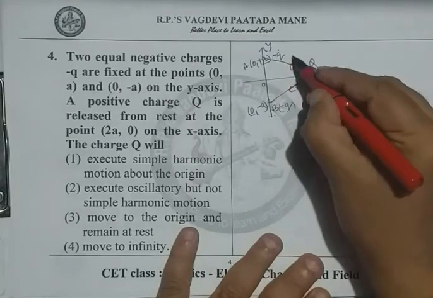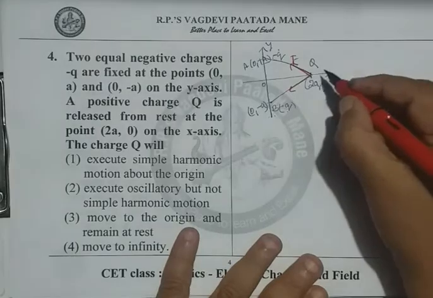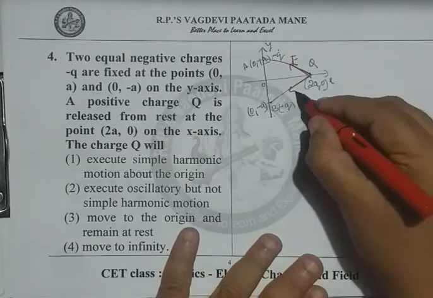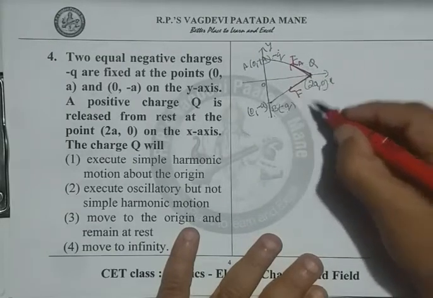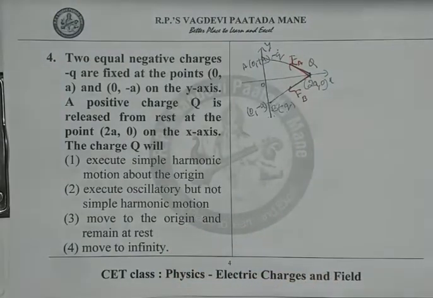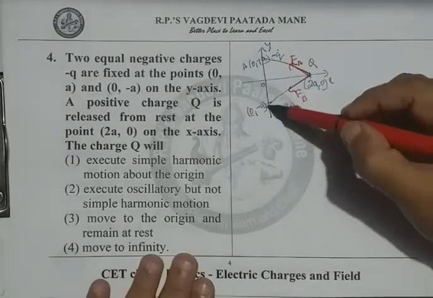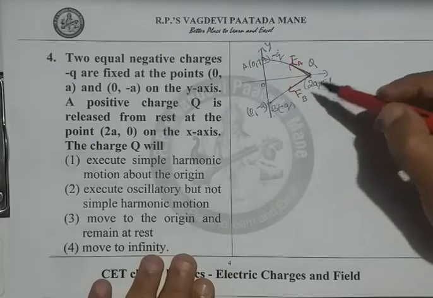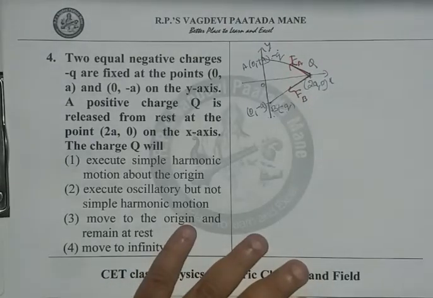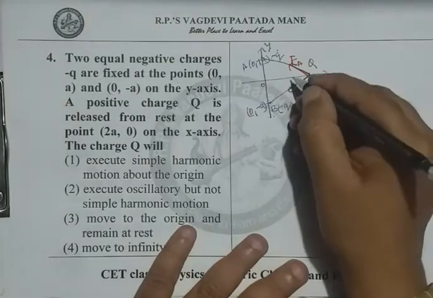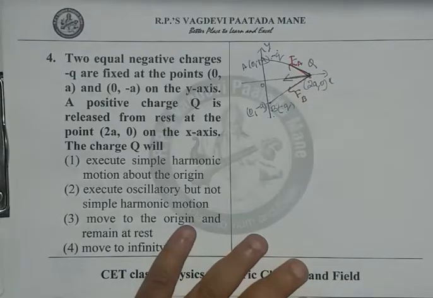I call this force F due to charge at A, and this also F due to charge at B. But observe, as Q is symmetric regarding A and B, FA must be equal to FB, and both of them create a resultant along the x-axis, towards the origin.